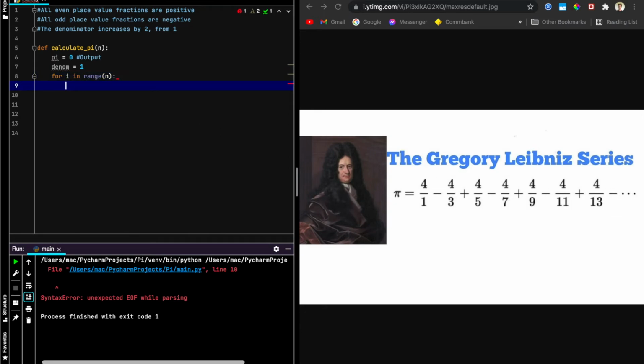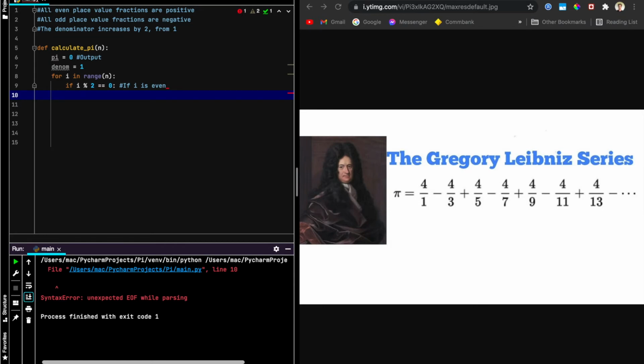So for i in range n, what we're going to want to do is create two statements. So we're going to have an if statement, and we're going to have an else statement. The first if statement is going to say, if i mod 2 equals 0, so basically what this is saying is, if i is even, do what's below.